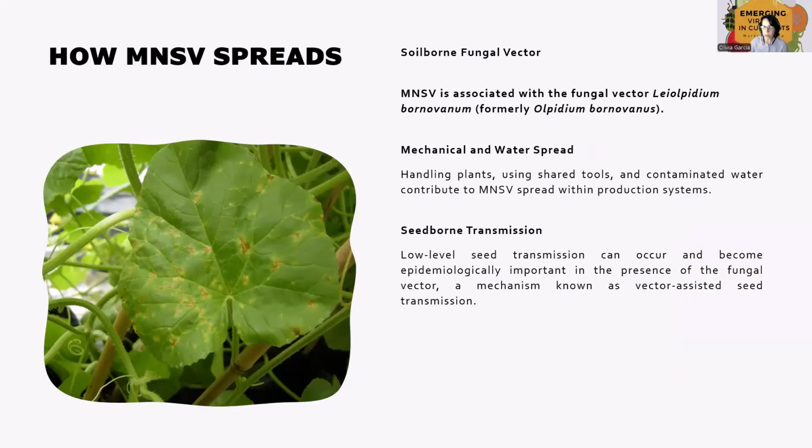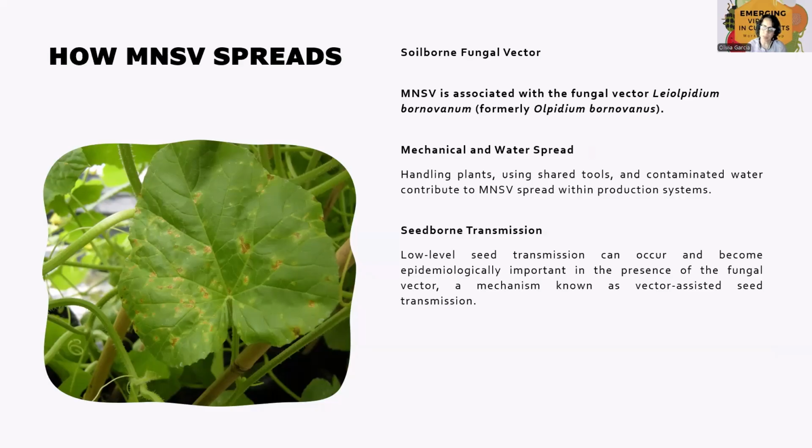One of the reasons MNSV is so important from the diagnostic standpoint is that its spread involves more than one pathway. A major transmission route is through the soil-associated fungal vector Olpidium bornovanus, and this virus-vector relationship can create a disease complex that significantly affects cucurbit production.